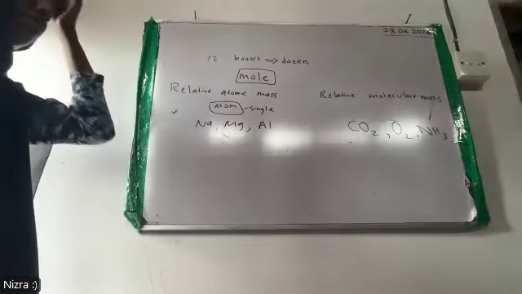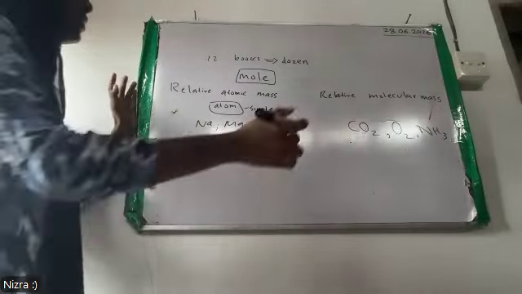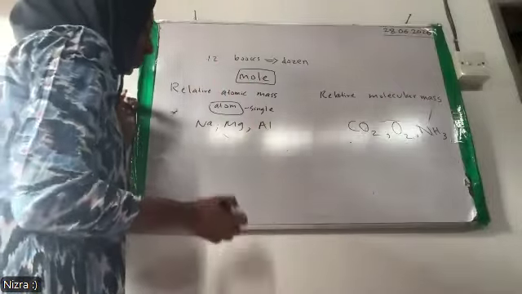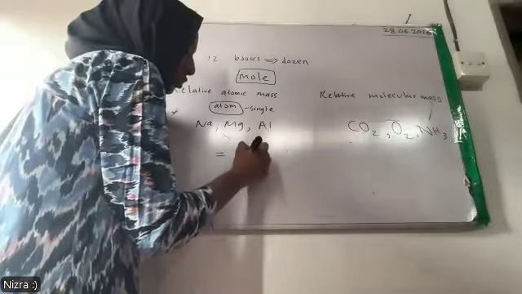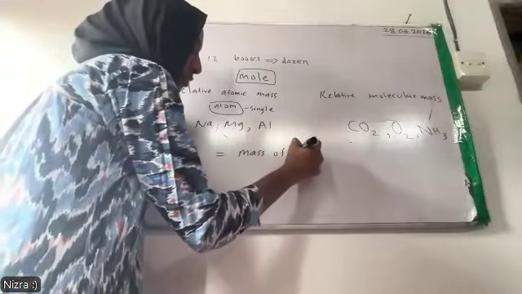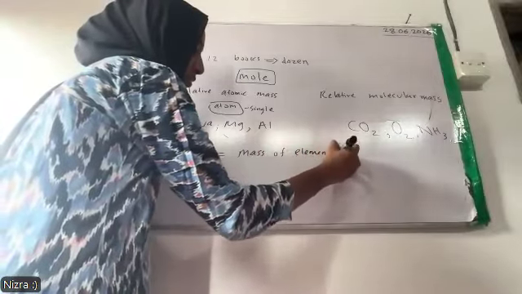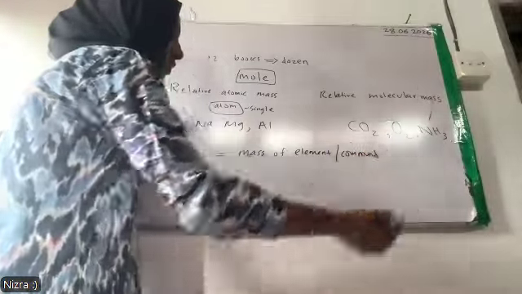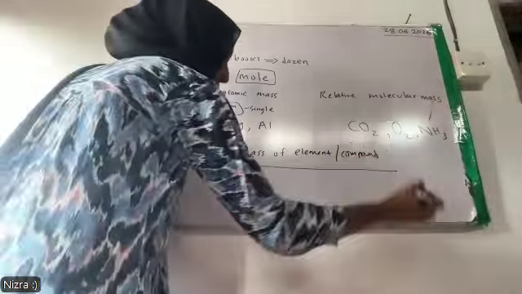Now, in order to calculate these atomic mass and molecular masses, there is an equation. So you will take the mass of the element or compound. Compound is basically the molecule. And then there's a standard.